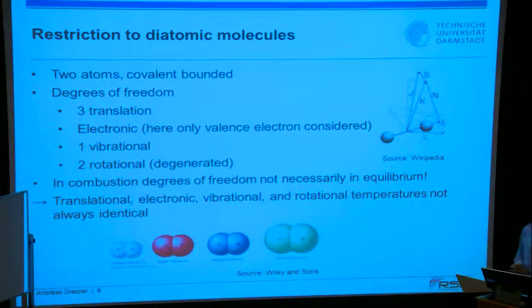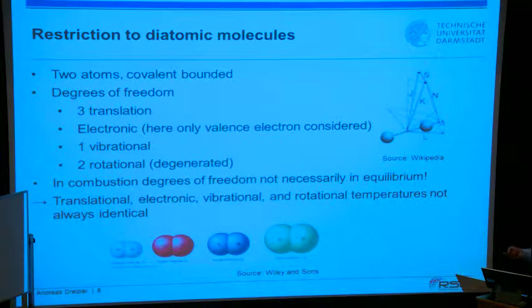You have the possibility to electronically excite these molecules, meaning that the outer electrons, and we only refer to them here, the outermost electron, which is called the valence electron, can go from a ground state to excited states, first, second, and so on, and is classified or described by its quantum numbers.